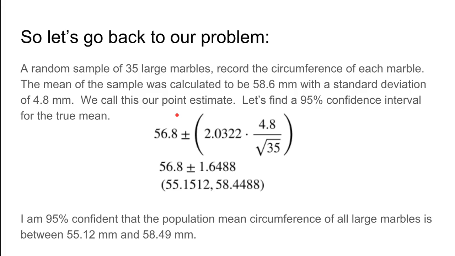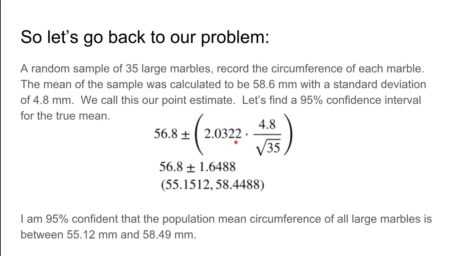What we're going to do is take that point estimate, go up a little, go down a little to try to create an interval for where the truth could be. So let's find a 95% confidence interval. Very easy. Start with your sample mean, 56.8, go up and down by a t-score. This is no longer a z, this is a t-score. Now where did I get 2.0322 from?